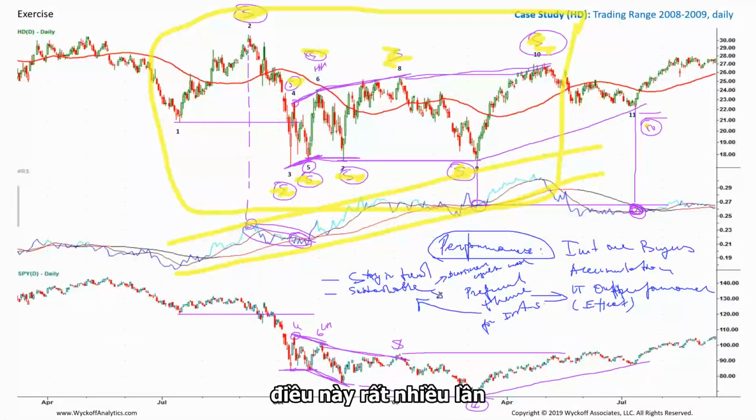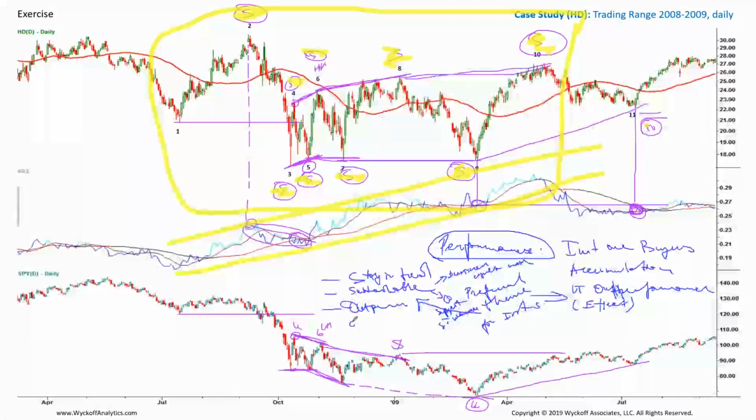And we've seen this so many times. So CO supports short-term weakness. What else is here? It could outperform on absolute and relative basis.